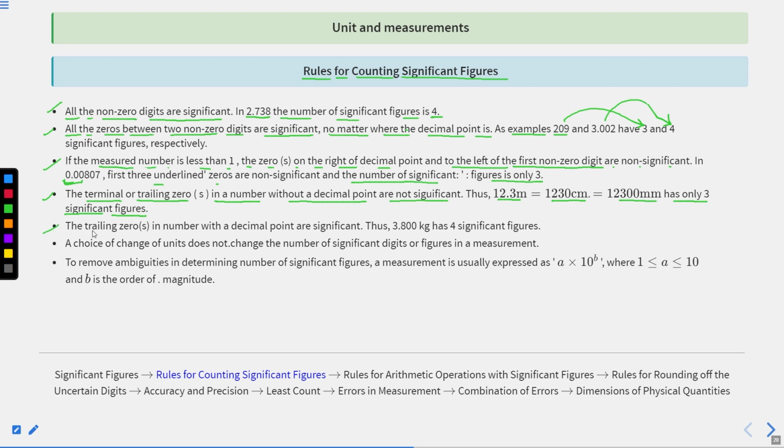Fourth is, the trailing zeros in a number with a decimal point are significant. Thus, 3.800 kg has four significant figures.